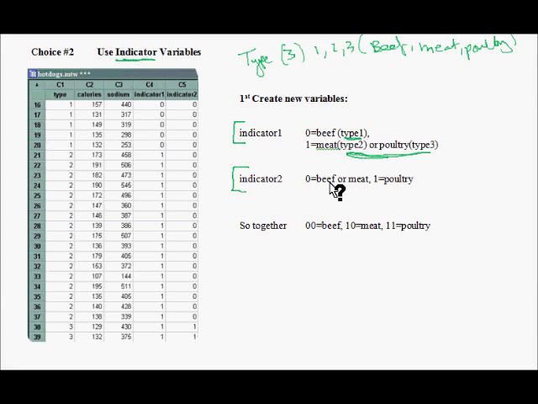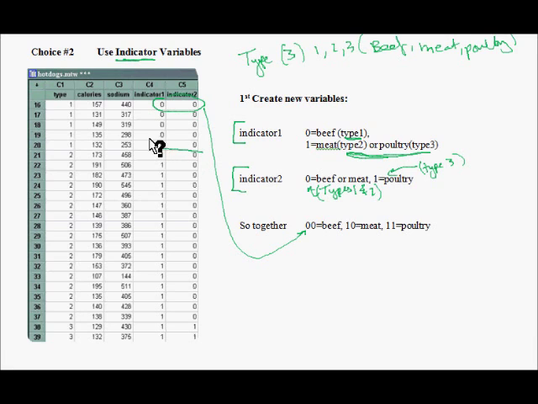But now after doing that, I have to break apart the meat and poultry. So the way I do that is indicator 2, I'm going to make beef and meat, types 1 and 2, zeros. And I'm going to make type 3 poultry a 1. The reason is, when I put the 2 indicator variables together, 0, 0 will indicate beef.